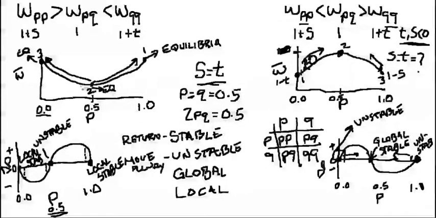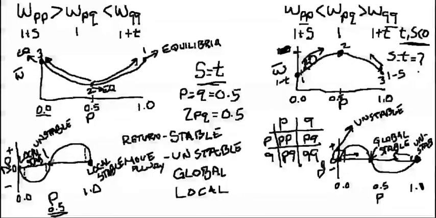In contrast, under homozygote advantage, as long as we are not at exactly p equals 0.5, we're going to fix either the Q allele or we're going to fix the P allele, depending on if we're to the right of p equals 0.5 or to the left of p equals 0.5. So when we look at what's happening with our population, we have two locally stable equilibria and one unstable equilibrium.